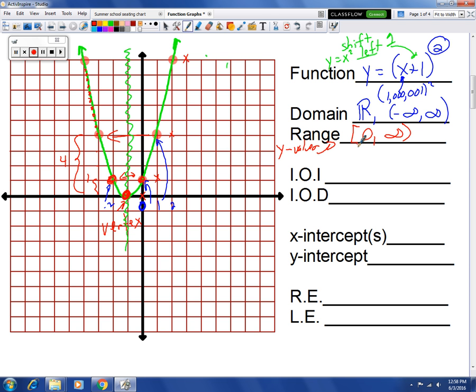We don't have any dots below the x-axis anywhere. Sometimes I see students just mindlessly putting down all the numbers, because we do it over and over. They're not thinking it out, they're just going through the motions.